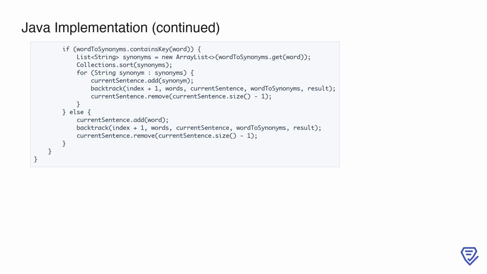If the current word does not have any synonyms, we simply add it directly to the sentence, continue to the next index, and backtrack as usual. This approach guarantees that all possible sentences are explored and added to the result list. Ultimately, the program returns the result list containing all valid sentences formed by replacing words with their synonyms wherever applicable.